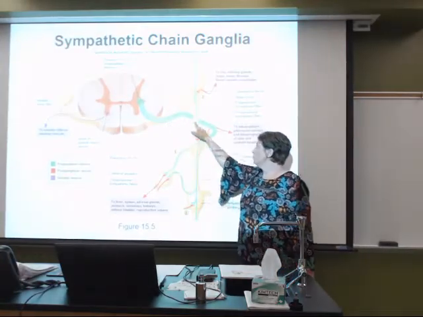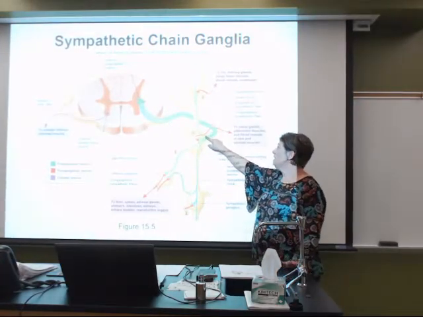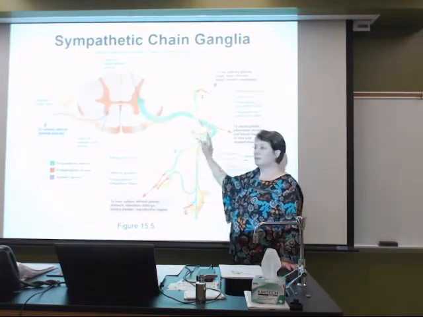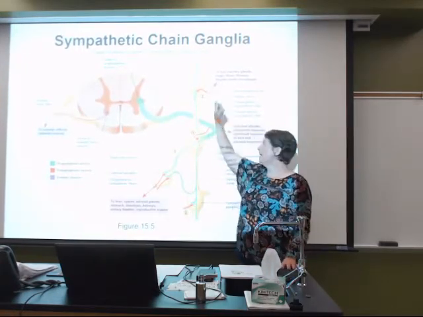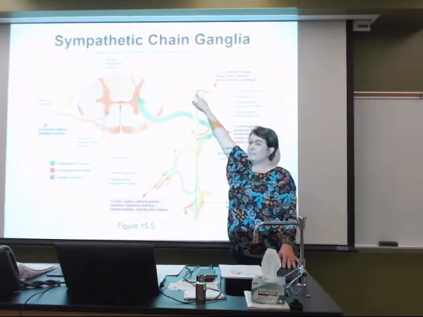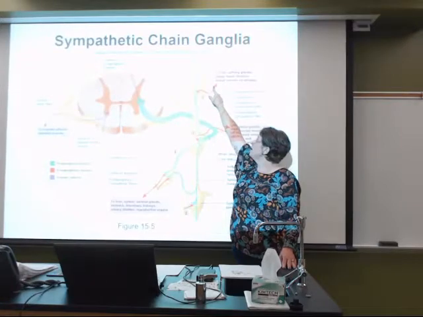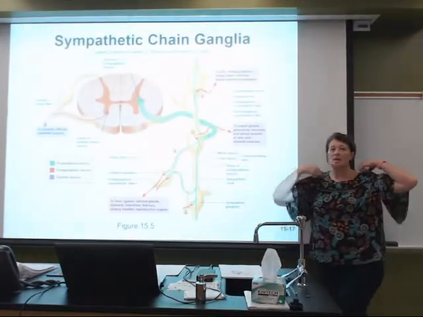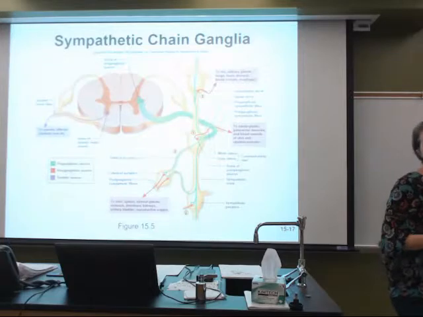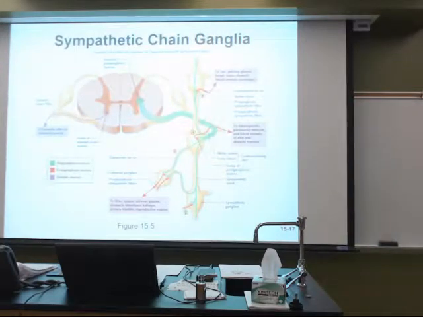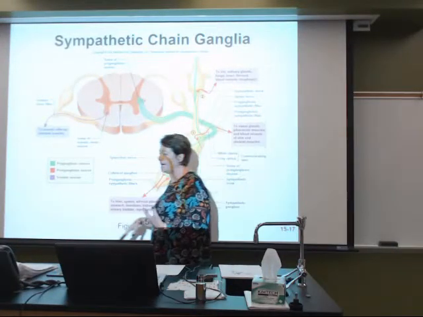On the fourth one, once again, make a turn, this time traveling up the chain ganglia, synapsing in a ganglia, making its way with the post fiber to its target. So traveling up or traveling down is going to serve that area of the body. So does that kind of make sense now for this picture? Okay, so these are the different routes that can be taken.